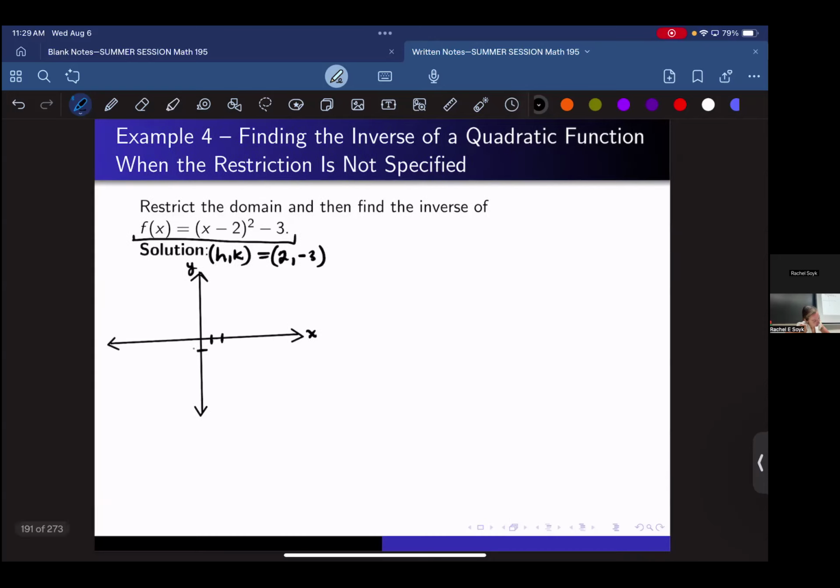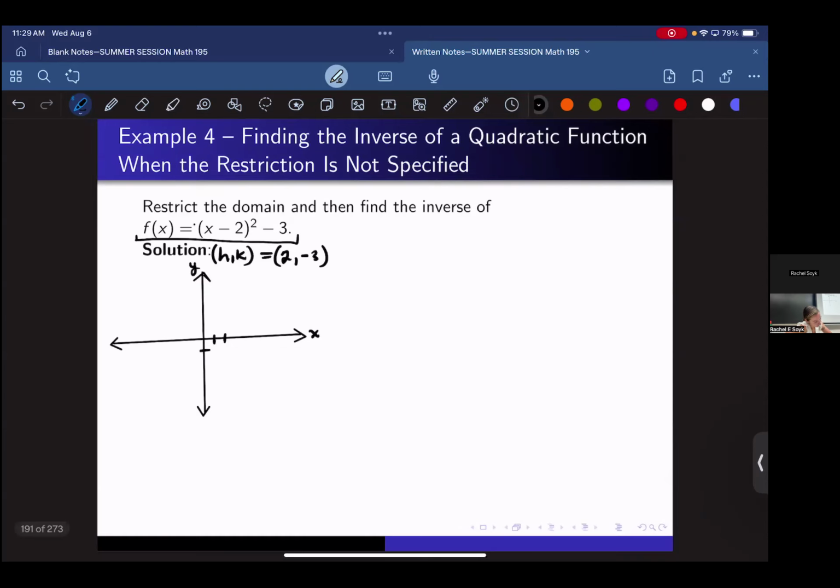And then our a value is out in front, it's just 1, which means it's going to be U-shaped. Then we can add in one more point. Why don't we do our y-intercept, which is when x equals 0. So we get -2 squared, which is 4, -3 is 1.